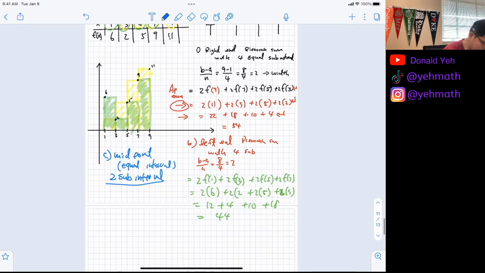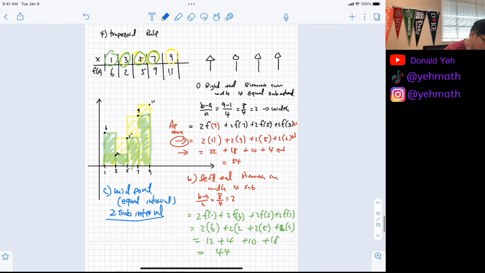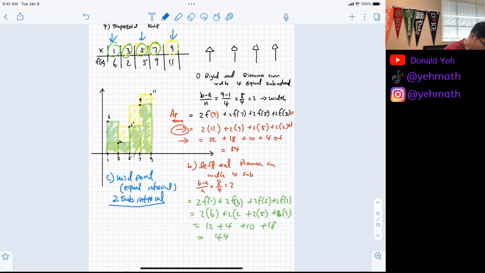Now if it's 2 rectangles, I'm going to use 1, 5, and 7, if it's right end or left end. But the problem is, this is not right end or left end. This is midpoint. A midpoint is right in between. So this is the point I'm interested in, and the interval is changed.